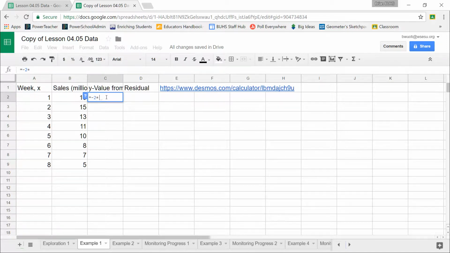Now in my case, x is over here in column A. And so I want to take negative 2 and multiply by this one over here. I'm actually going to click in this cell. And notice that it says A2.